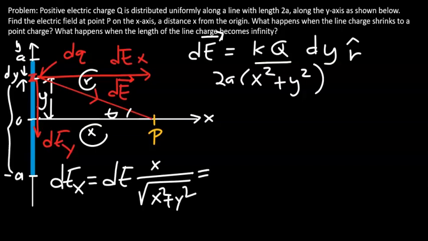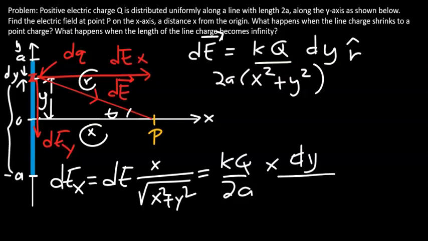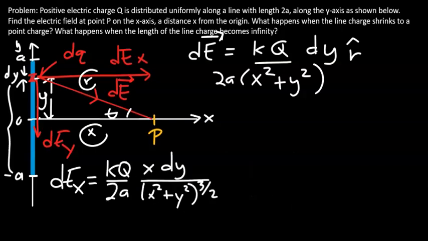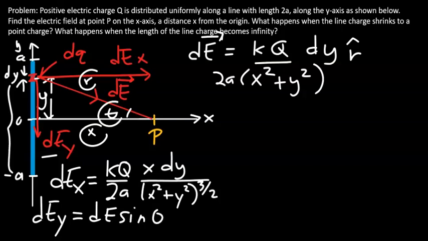Substituting the expression for dE, we get kQ over 2a times x dy over x squared plus y squared to the power 3 over 2, because this has a power of half and this a power of 1, so you get 3 over 2 upon multiplication. So let's write that result here. Now let's do the y component. The y component of dE is dE times sine of that theta.